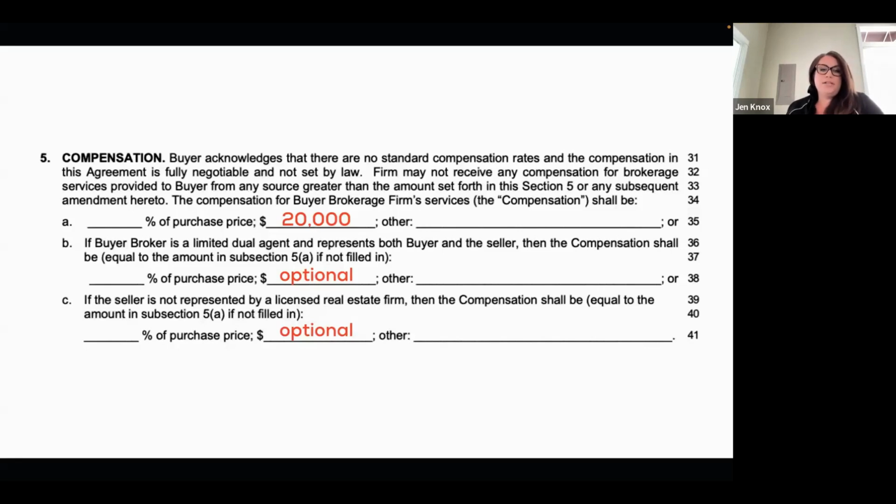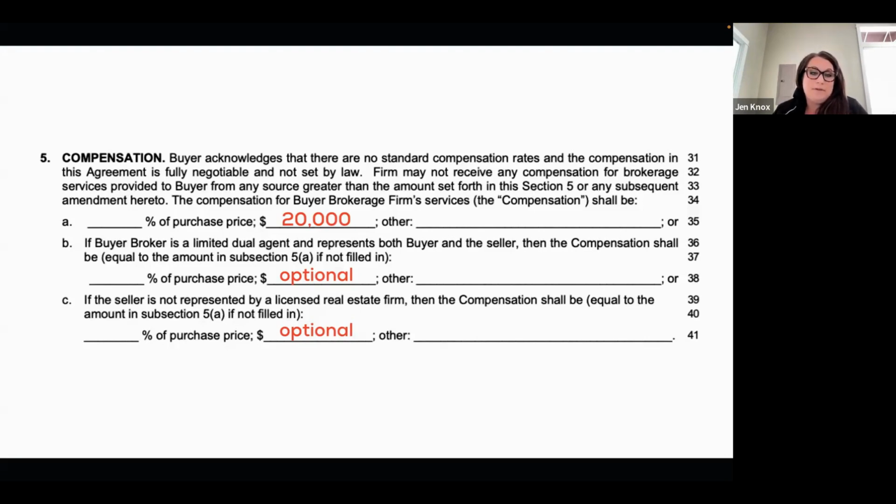We also have the option now of dealing with FSBOs. So we had forever the seller representation form when we wanted to represent the seller and they found a buyer, but there was never an option before this that allowed us to negotiate a difference in compensation if we were helping our buyer find a for sale by owner. So that's something that the two of you can go ahead and discuss. It may be something that you put in additional work for, because remember, a seller doesn't have representation.